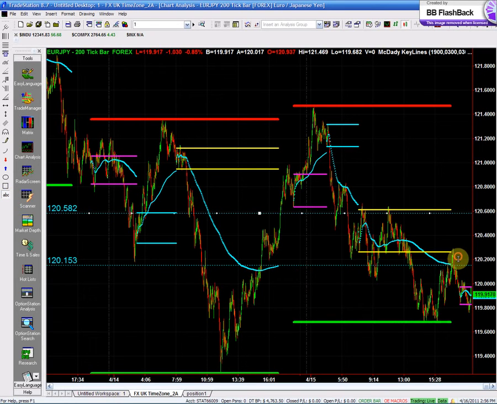Okay. The guys that have the software, you can look at the break of the original range. If you have the breakout out of the range at or around the 120.15, that's a buy. The guys that do not have the software, you can buy it above the 120. This is going to be your buy.